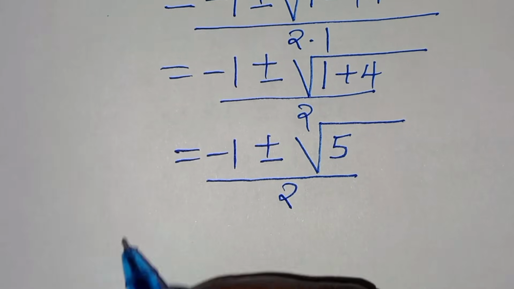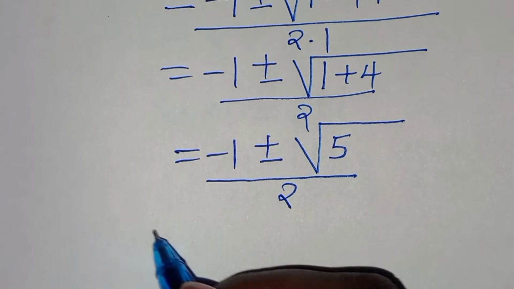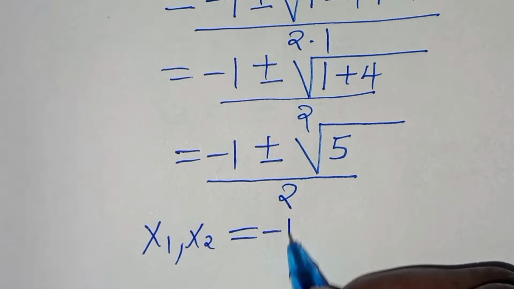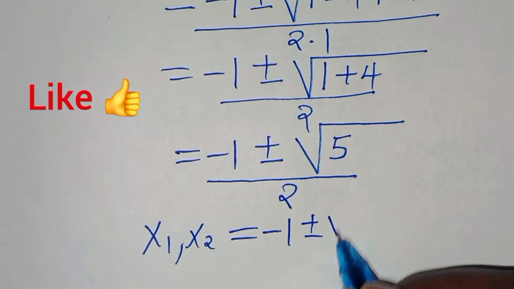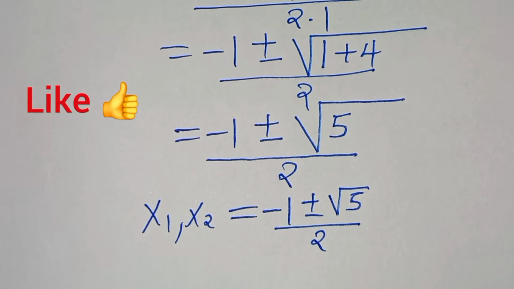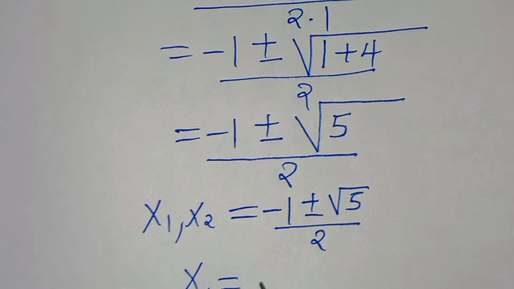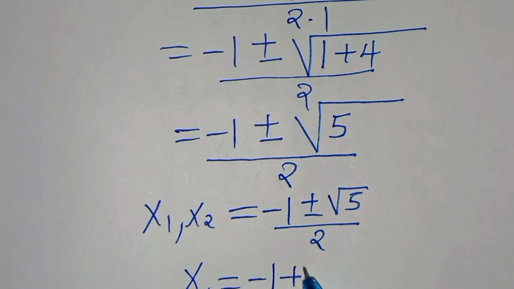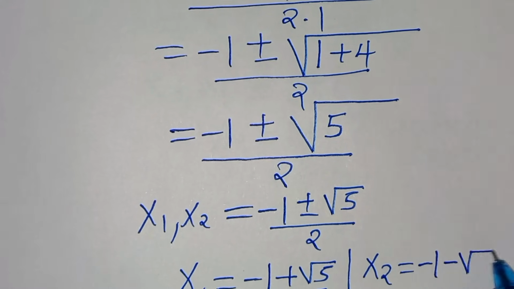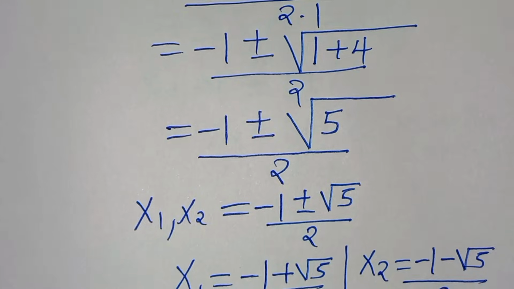And this implies that x1, x2 is equal to minus 1 plus or minus square root of 5 divided by 2. And therefore, x1 is equal to minus 1 plus the square root of 5 divided by 2, and we have x2 is equal to minus 1 subtract square root of 5 divided by 2.